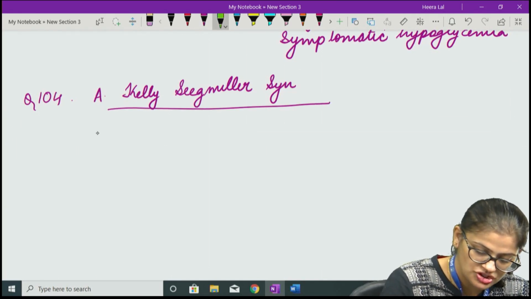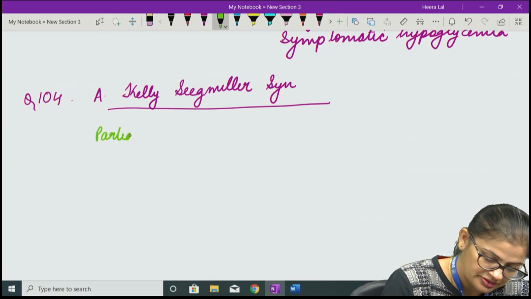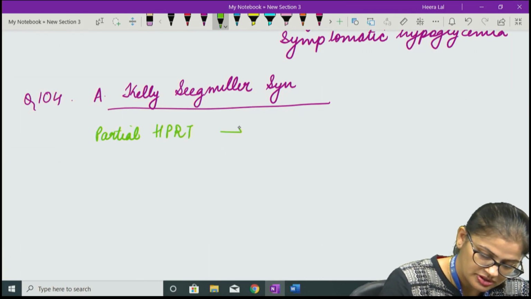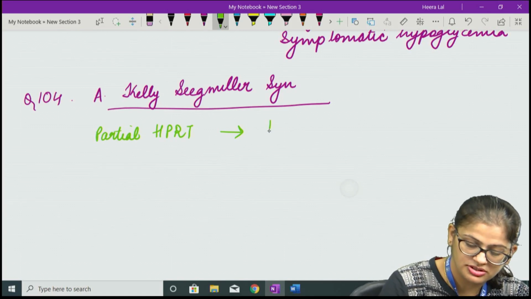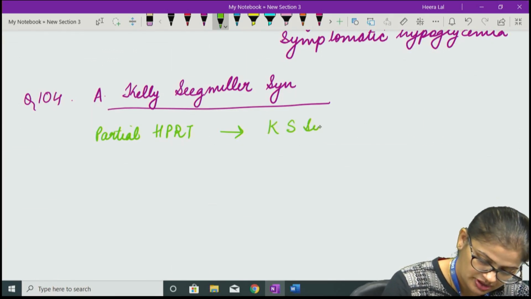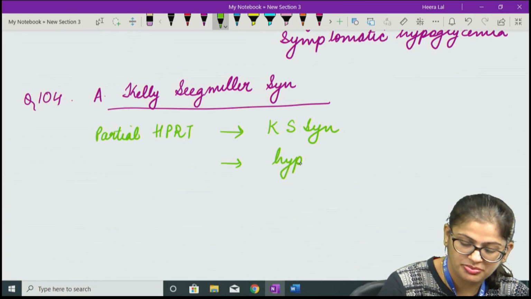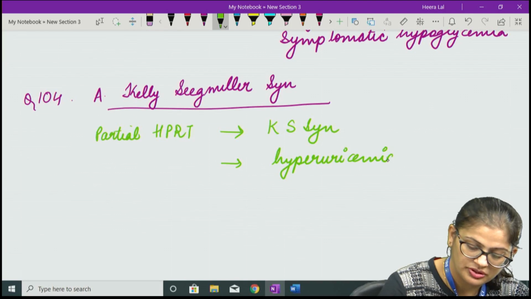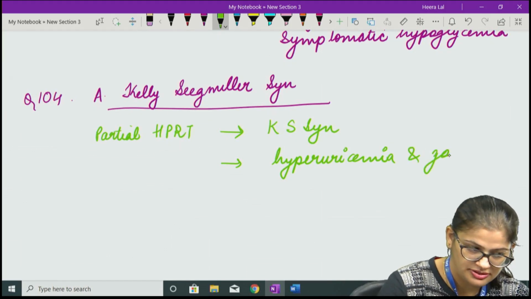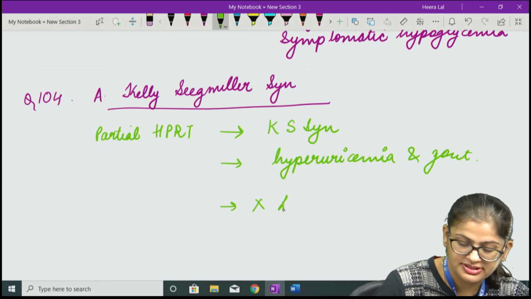So partial deficiency of HPRT is known as Kelley-Seegmiller syndrome, and in this condition you can see hyperuricemia and gout in patients, and this condition is, you should know, X-linked recessive.